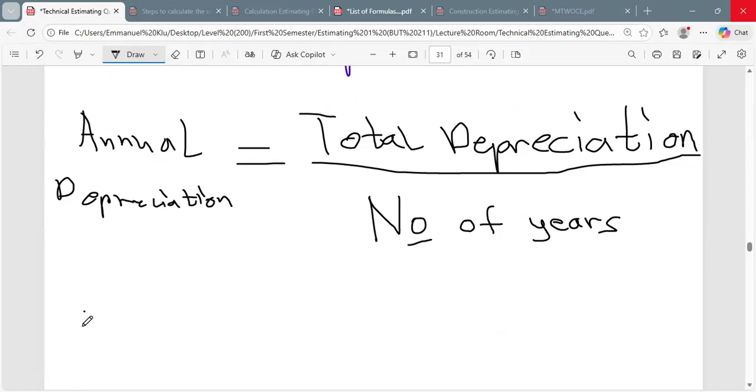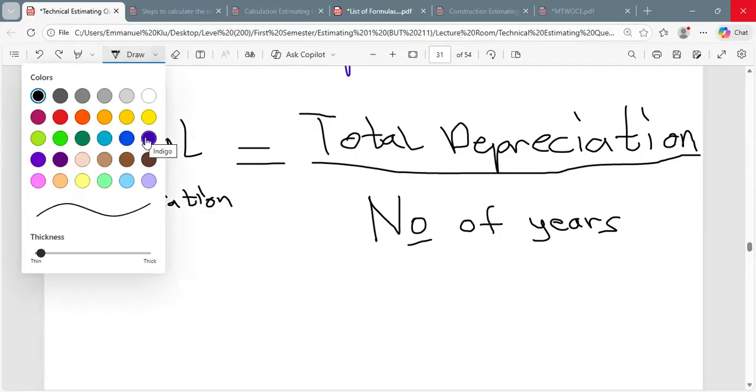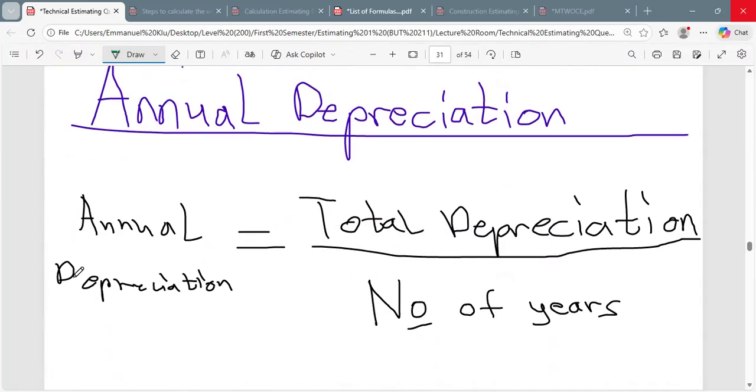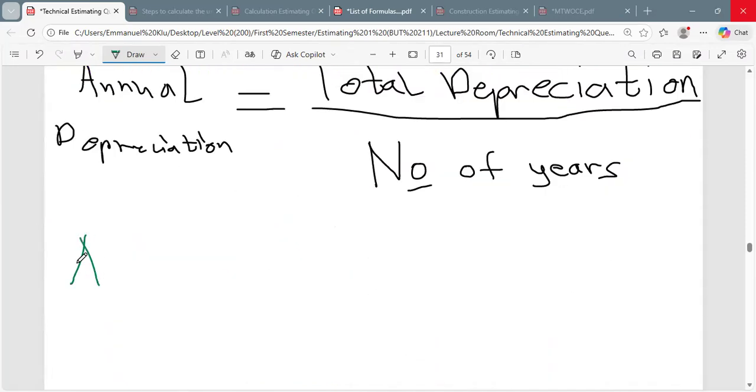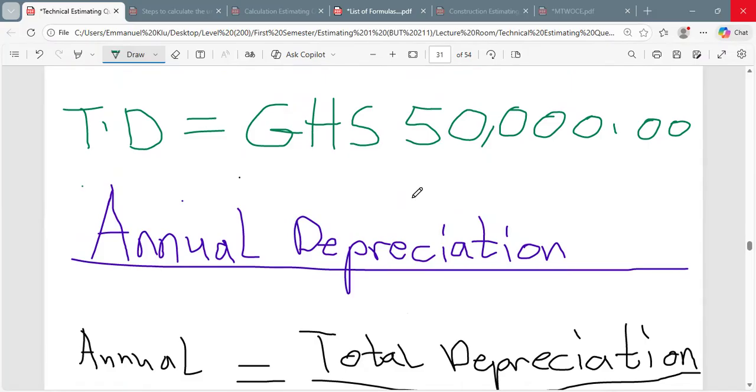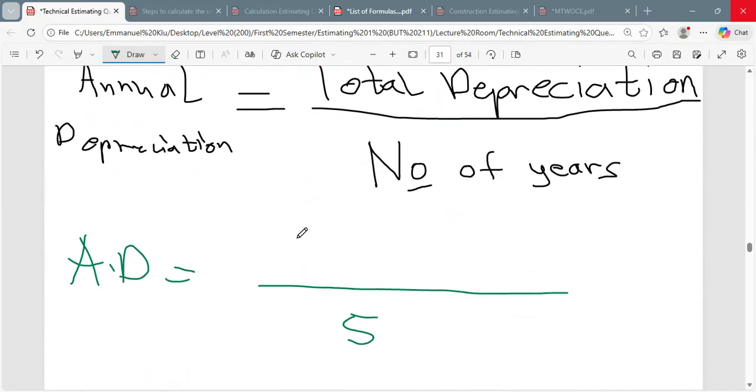So our annual depreciation now can be said to be equal to, the number of years was 5 years, and the total depreciation we had was what? 50,000. Okay, so let's put it over here. 50,000.